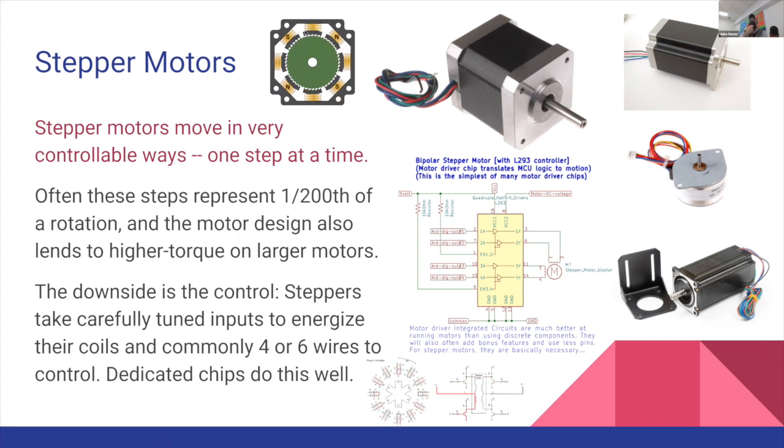What you need is a driver that pairs along with it so that you can get this circular rotation down here. The four different coils inside the motor can be activated in sequence, and you can make it spin. So you have the ability to drive this shaft a certain amount around, but because each time you activate a step it's 1/200th of a rotation, you can very accurately say, I'd like you to make one complete rotation, please.